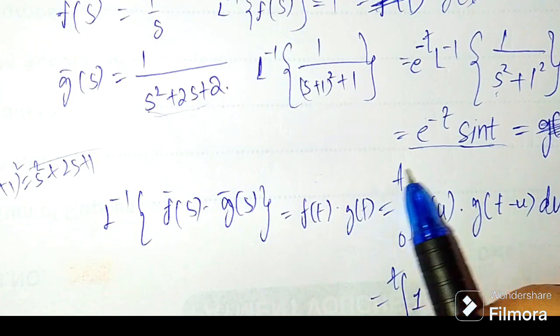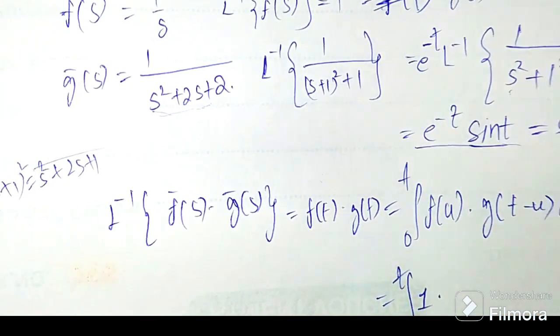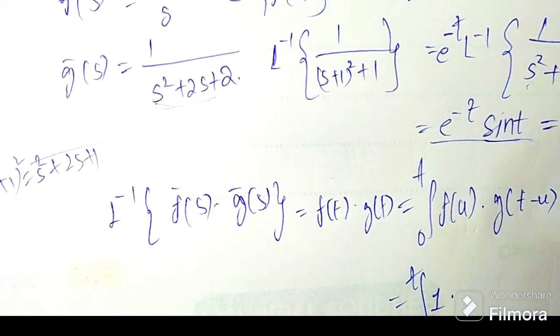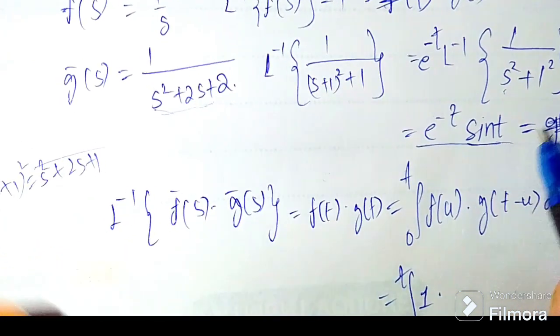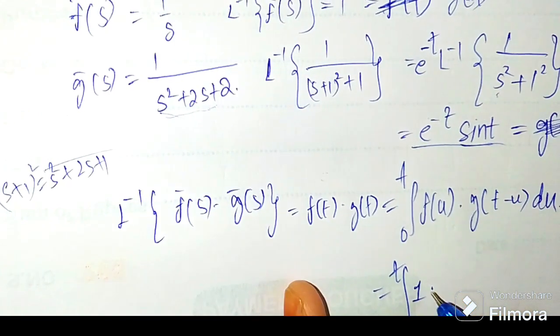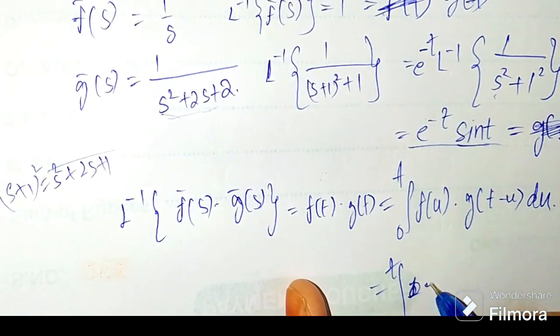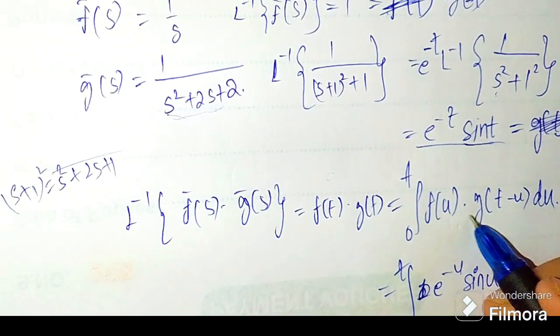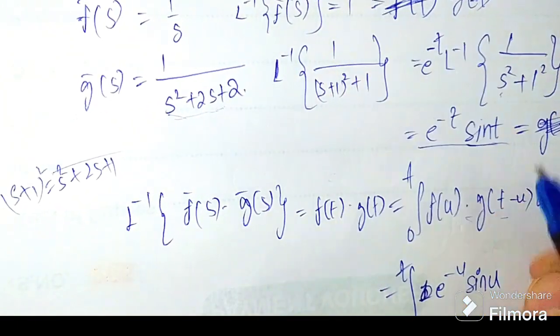So you can write, consider g of t as 1 and f of t as e power minus t sin t. Then what is my f of u? In place of t put u, you will get e power minus u sin u. What is my g of t minus u? Anyway, it is going to be 1 only.